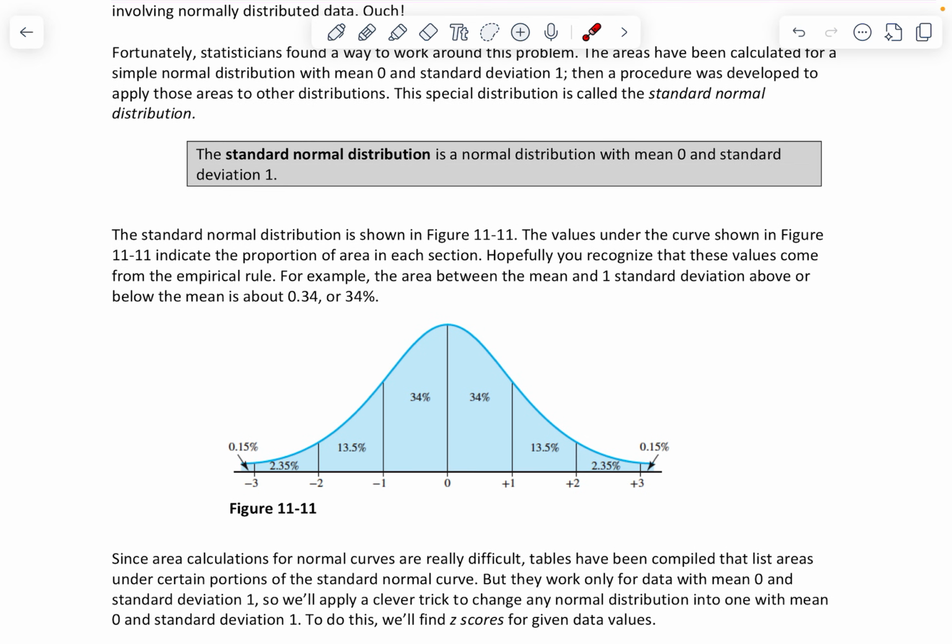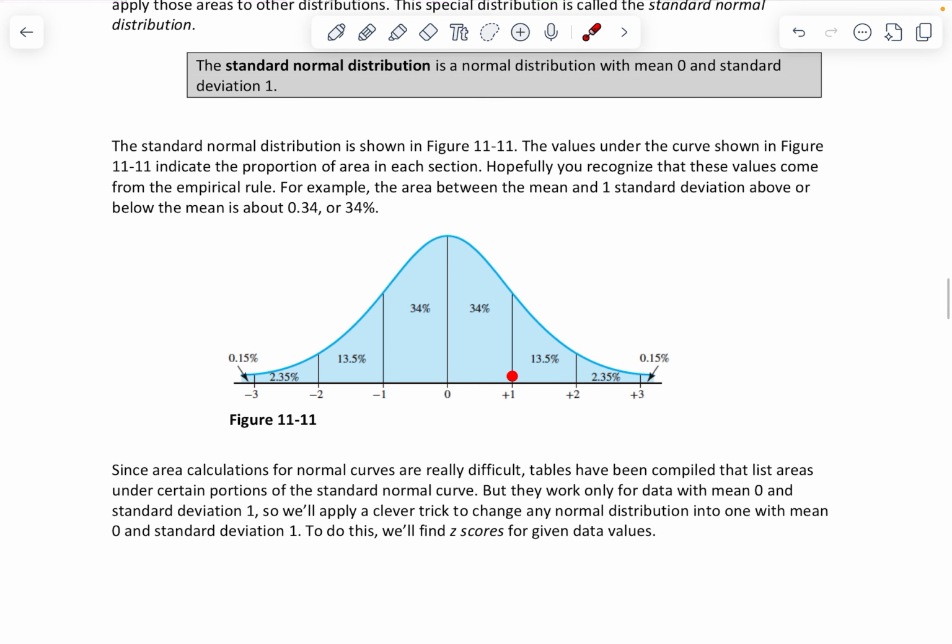The standard deviation is 1. So 1 standard deviation above the mean would just be 0 plus 1, which is 1. One standard deviation below the mean would be 0 minus 1, which is negative 1. Two standard deviations above the mean would be 0 plus 2, right, which is 2. Two standard deviations below the mean would be 0 minus 2, which is negative 2, and so on.